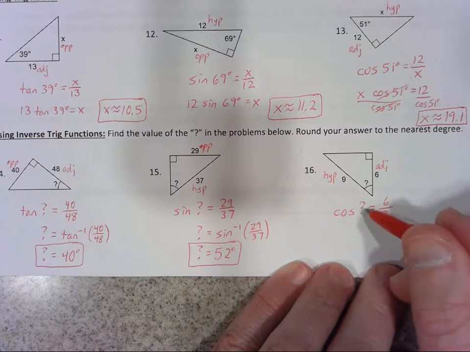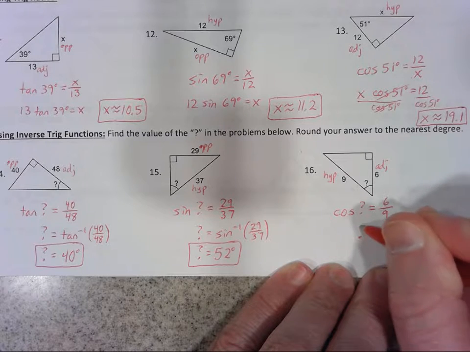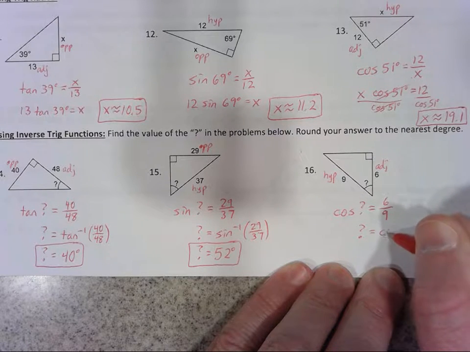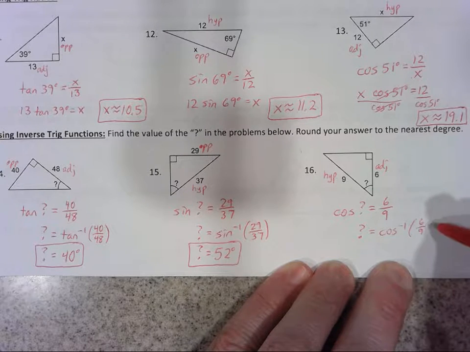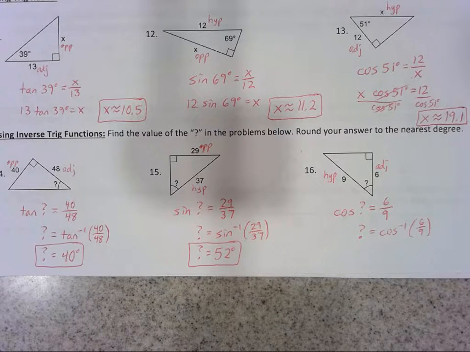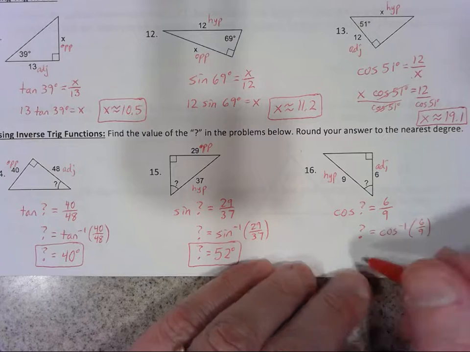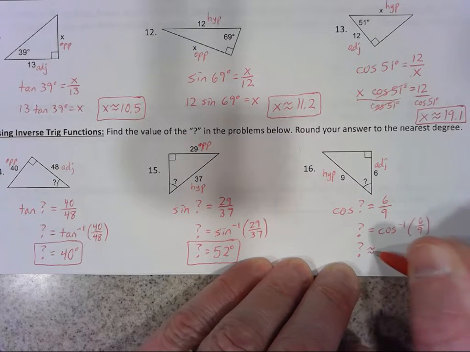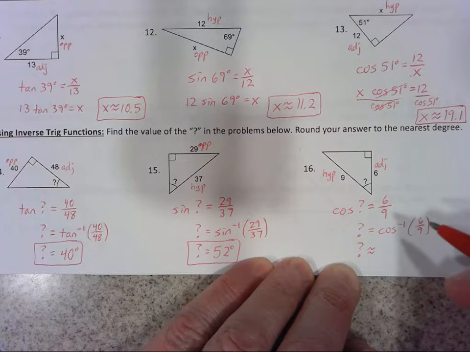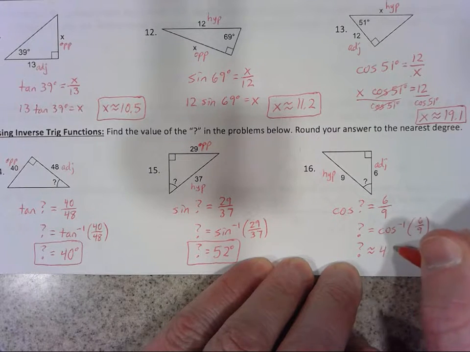To get the angle by itself, we have to get rid of cosine by doing the inverse cosine of 6 over 9. So we do second cosine, 6 divided by 9. To the nearest degree, that angle is 48.1, so that's closest to 48 degrees.